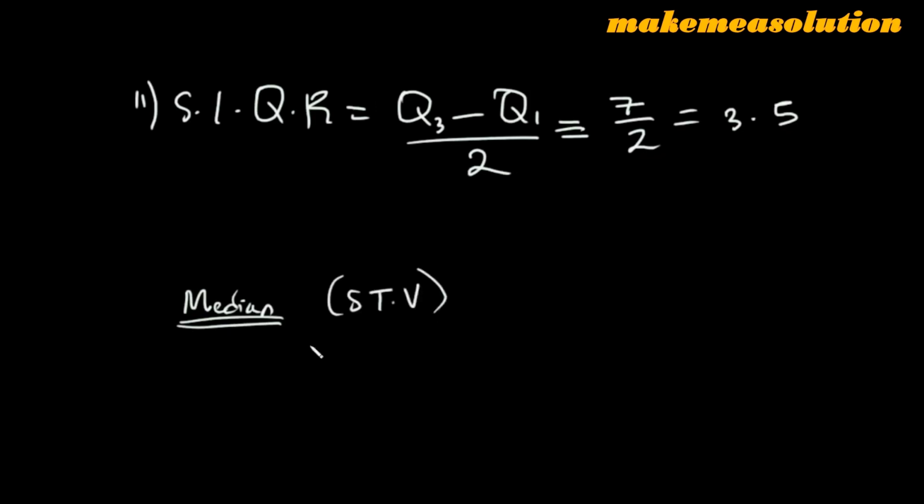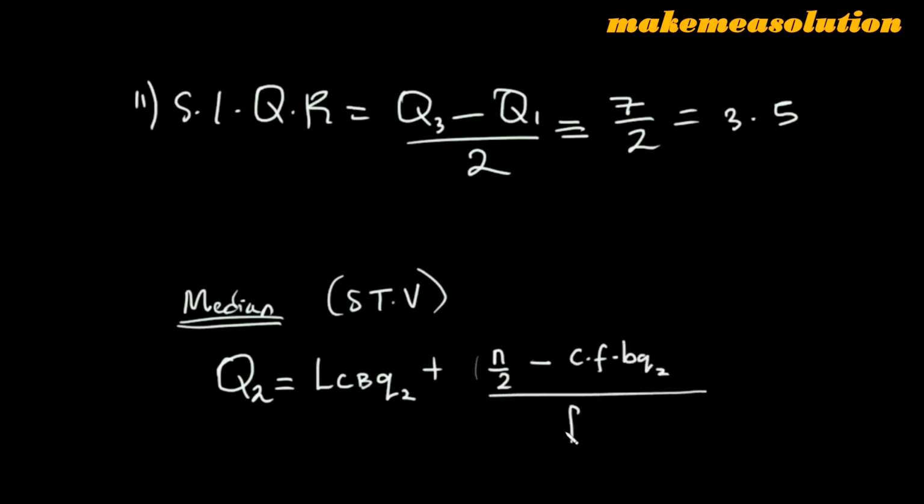Now you can find the median Q2 by saying the lower class boundary, LCB Q2, of your median class plus, this time around, n over 2, halfway up the data for the median, then minus the cumulative frequency before your median class, divided by the frequency of your median class, and everything multiplied by the class width W.